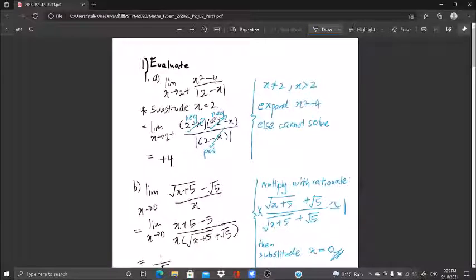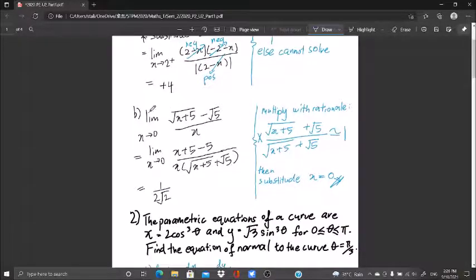Otherwise, if you cancel the numerator and denominator and then directly subtract, you will find that this will be negative 4. However, negative 4 is incorrect in these terms. So we must take note of x not equal to 2 and x greater than 2.